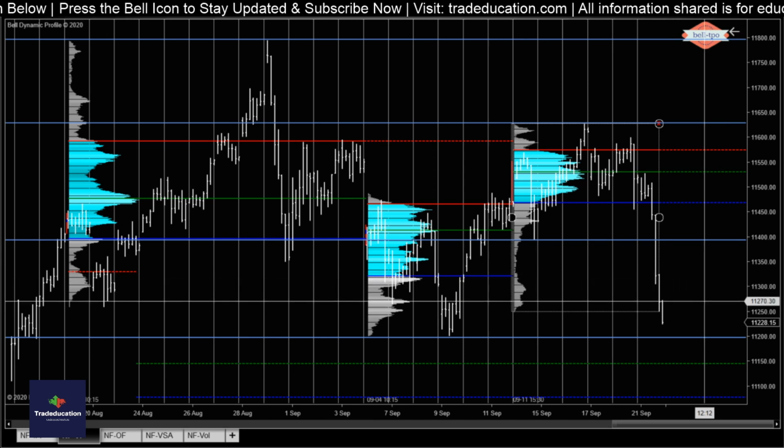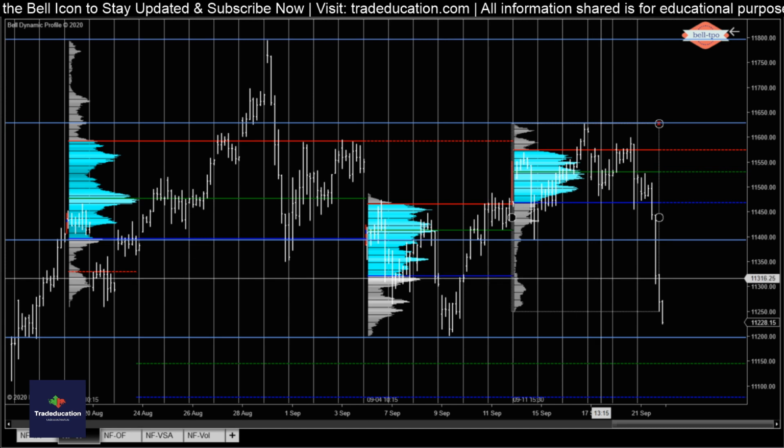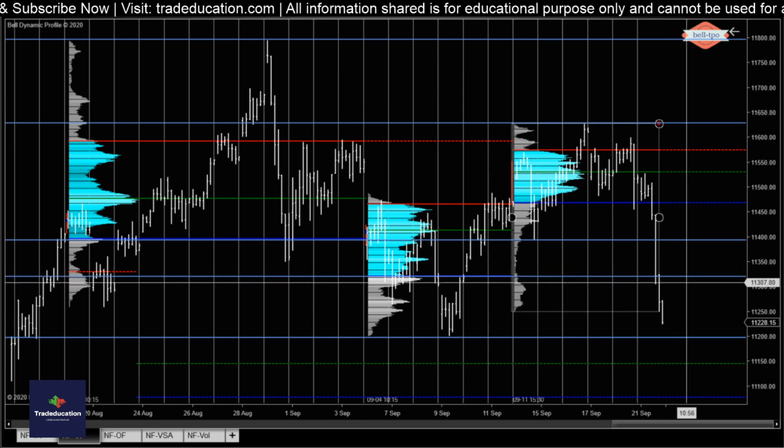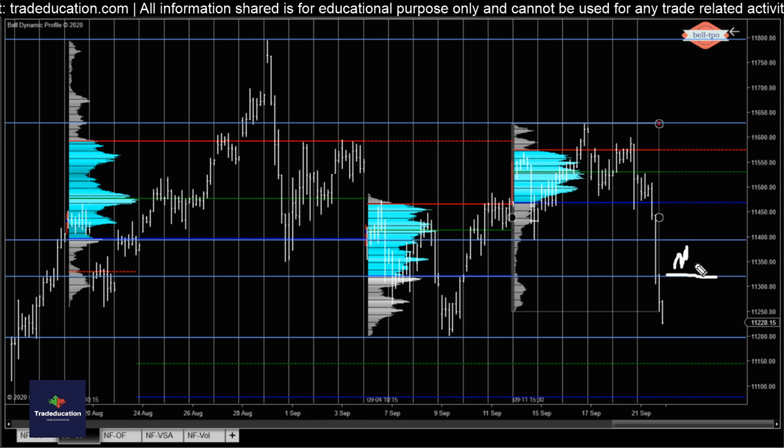So this is one balance and this is another balance. One of the reference areas is the value area low, that is 11,320. If the auction opens above this, it should act as the level of support.